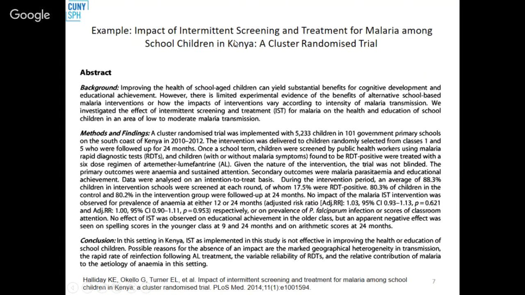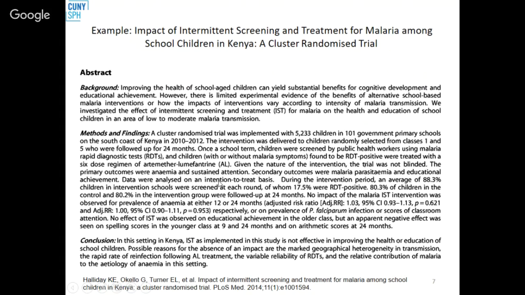But the unit of randomization as far as the treatment goes is the school. So a whole bunch of students are either put in the control group or put into the treatment group. So you don't know how to analyze that yet, but you do know how to interpret a number of the results. So the randomization was performed, and then they were followed for up to 24 months.